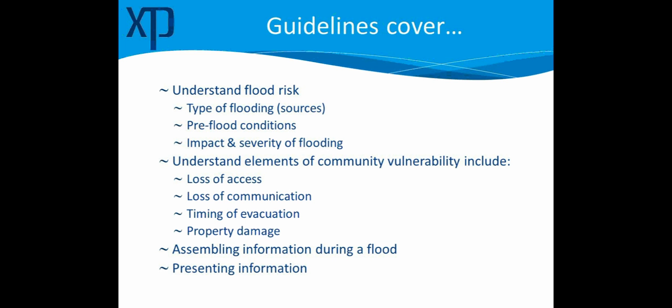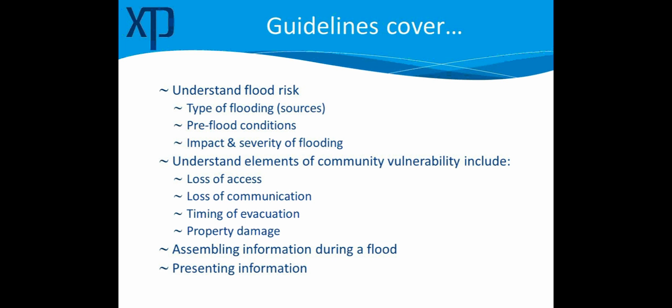So timing is very important, as we've mentioned, and we'll show examples of how we can actually produce outputs which include timing to help us plan for flood events. And of course, seeing what property is at risk of damage. The other thing that emergency planning guidelines cover is assembling information during a flood.